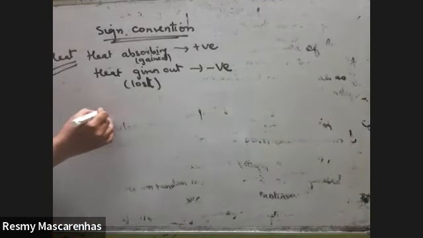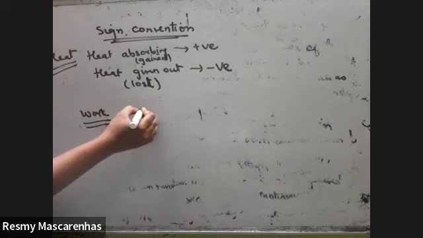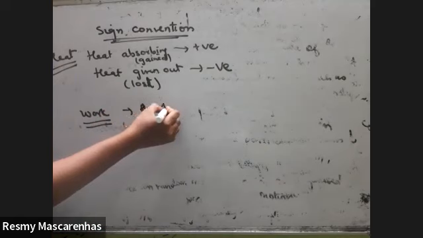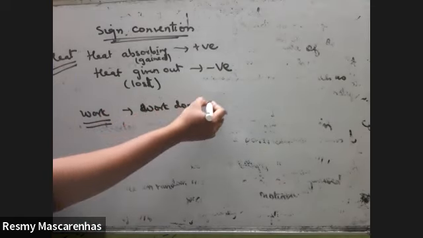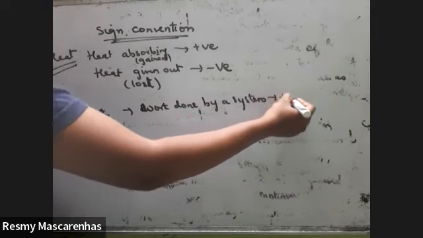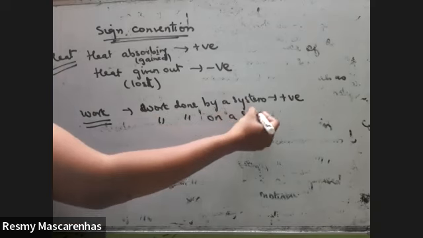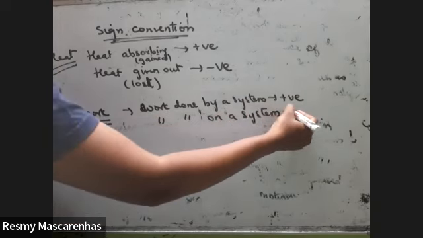Work: work done by a system is called positive, work done on a system is called negative.